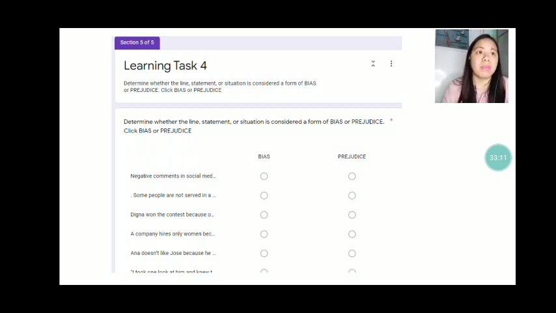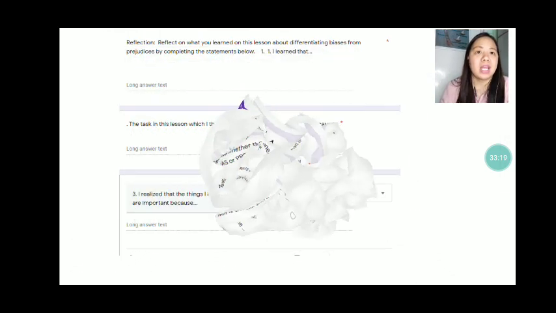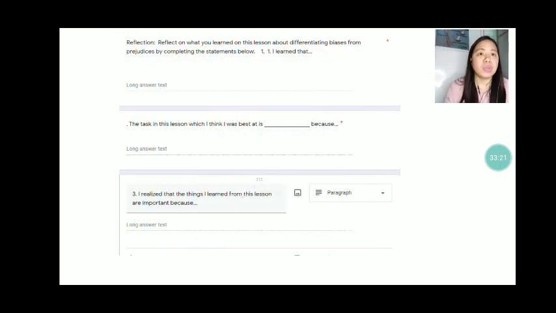And then that's it. Meron ka na agad 4 na learning tasks. Hindi ka nagsulat. Right? And then click submit so you can send it to me. And then at the last part, you just need to complete the sentence for the reflection. And then click submit, makukuha ko na yung sagot ninyo. Meron ka ng layup week 2.